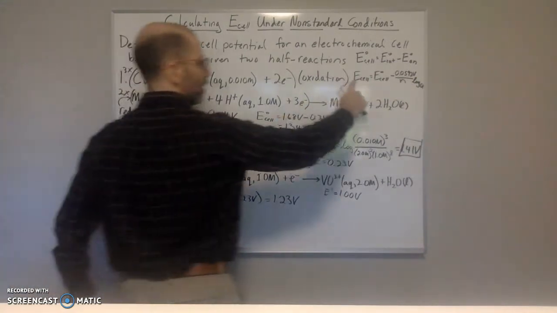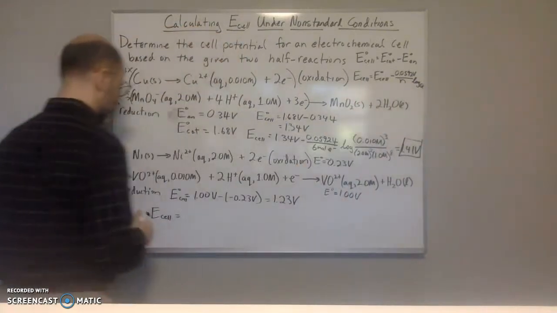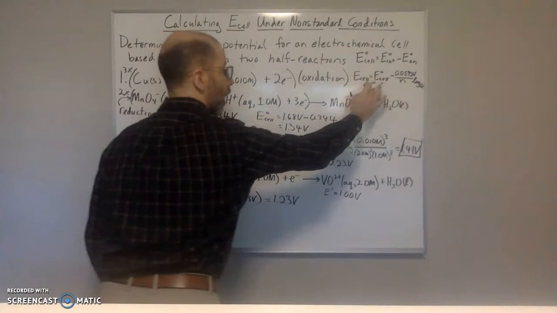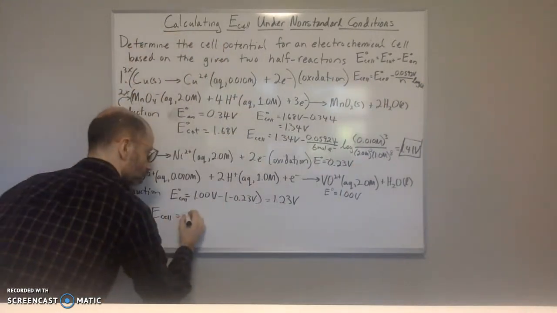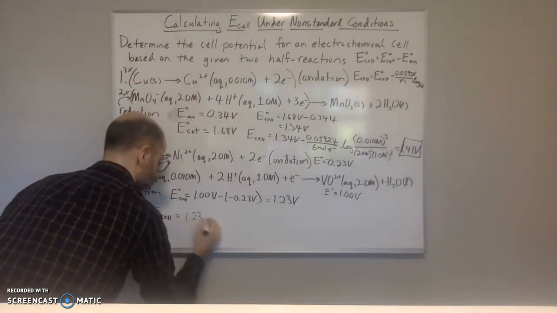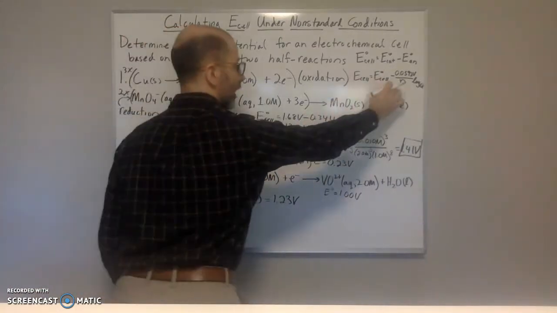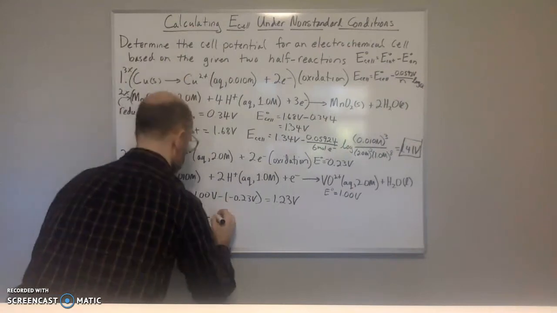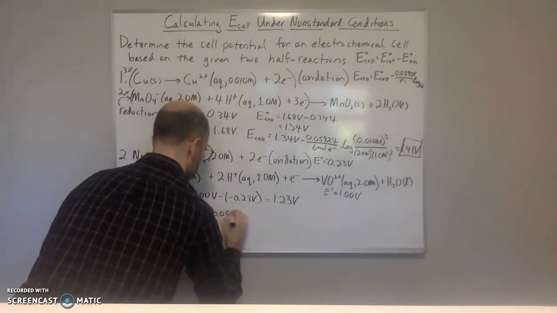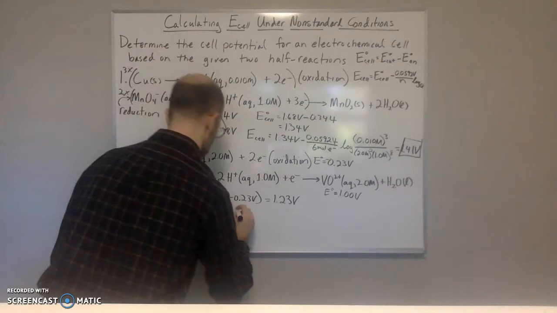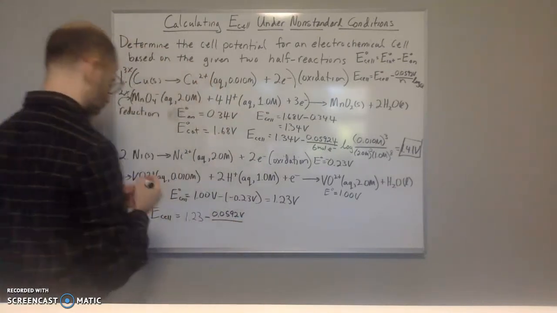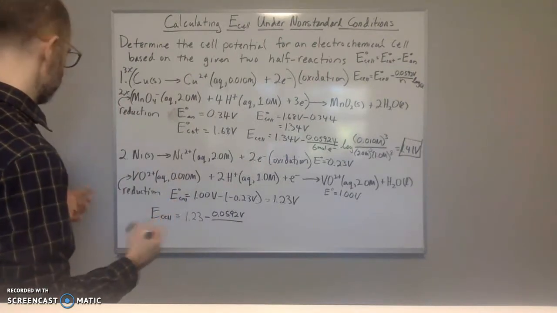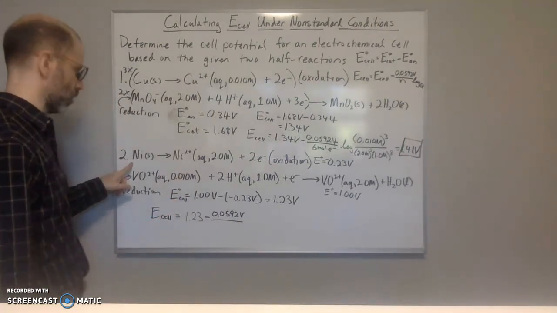So we're now using the Nernst equation again. So we're going to plug in our standard cell potential, 1.23, and then minus 0.0592 volts over the moles of electrons transferred. So we have to look here again.